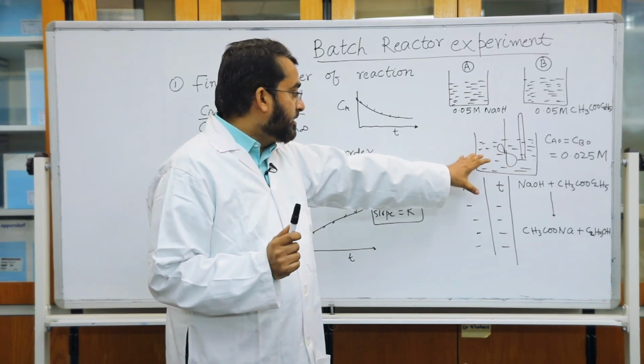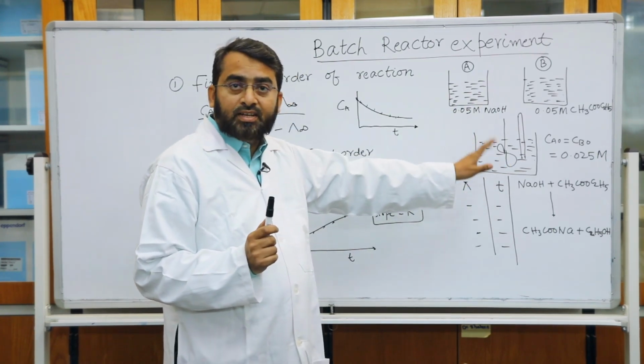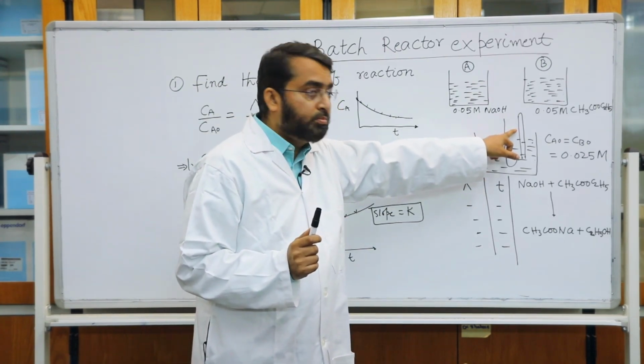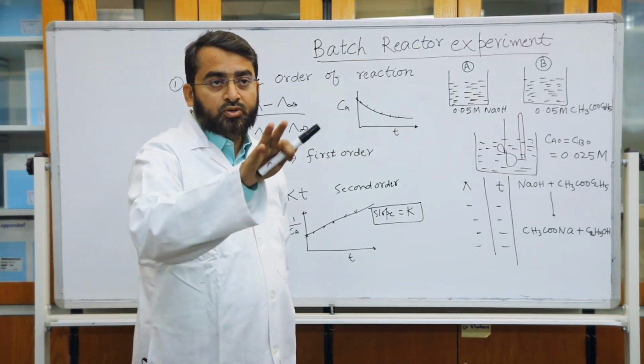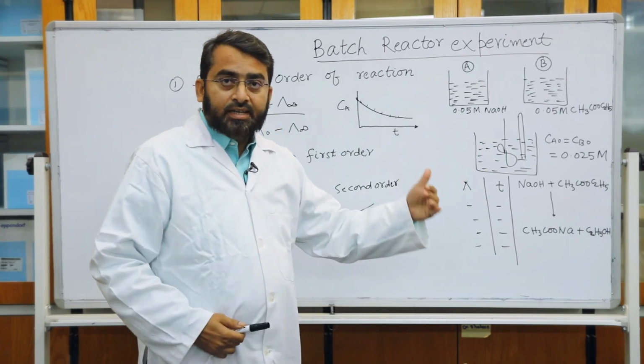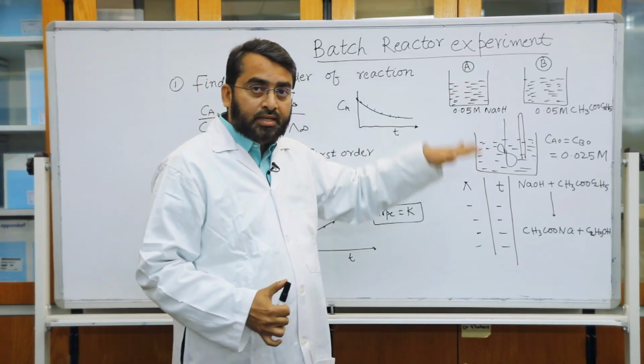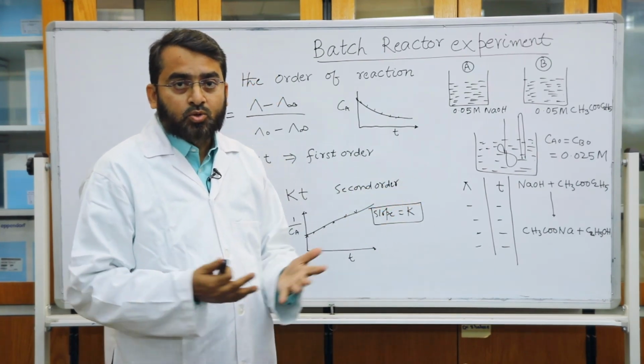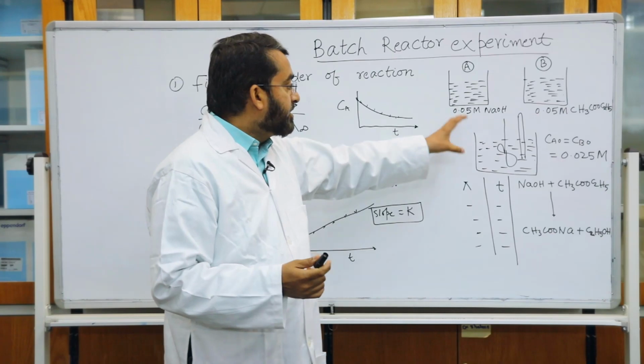Once you put it together, the reaction will start, and we will measure the conductivity using the probe with time. We have software for that. The software will take conductivity measurements with time and will continue for about 5 minutes. So we have the data at a given temperature.